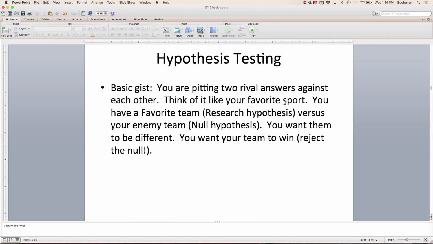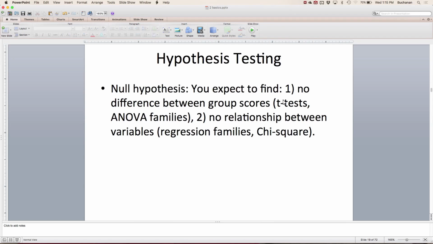That's what people say. So the null hypothesis is that nothing happened. Hence the null part, 0. There's no difference between groups. That's the t-test ANOVA family of hypotheses. Or there's no relationship between variables. That's regressions and chi-square. So it's sort of two ways it could go. And that's not what you want to have happen.